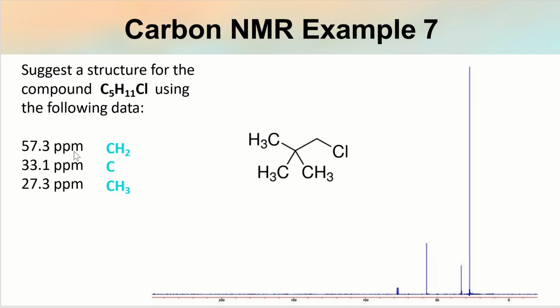And our CH2 here must therefore be attached to chlorine, since it's the only electronegative atom in the molecular formula, right? And then we're told that we have a quaternary carbon, so a carbon that doesn't have a hydrogen attached to it, right? And then we're told we have methyls, right?